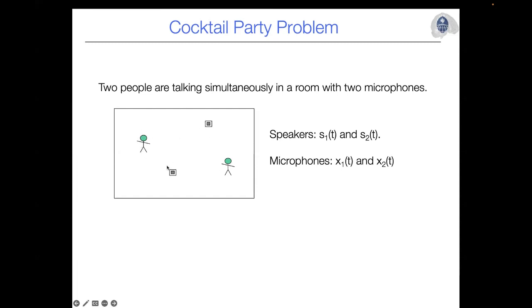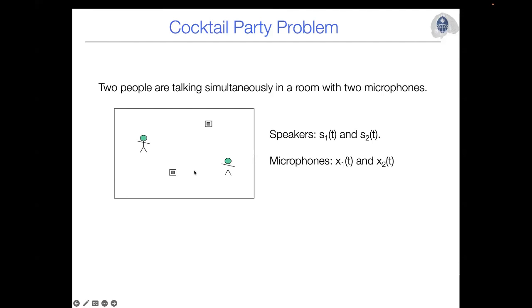Now, this microphone is also picking up a mixture, but it's a slightly different mixture, because if this microphone is really close to this person, it's going to be dominated by this conversation and pick up very little of this. While on the other hand, if this one is closer to this, the opposite will be true.